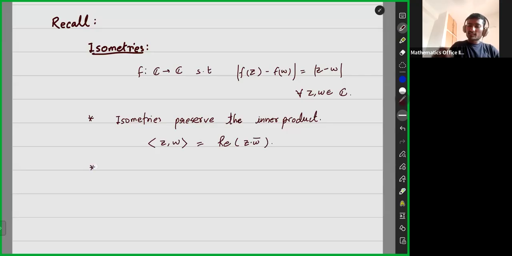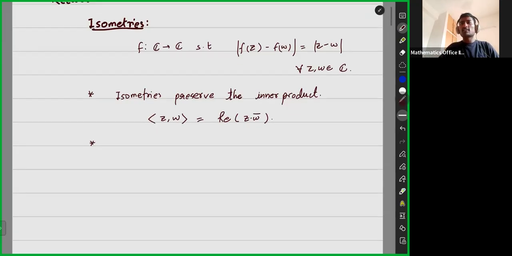The second fact which was proved is that when f of 0 is equal to 0, then f is R-linear. In this case f is called a linear isometry.